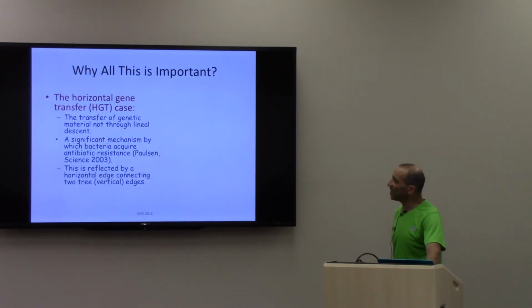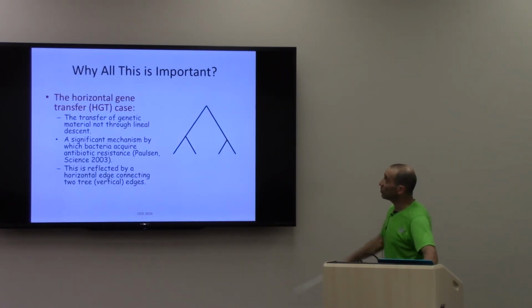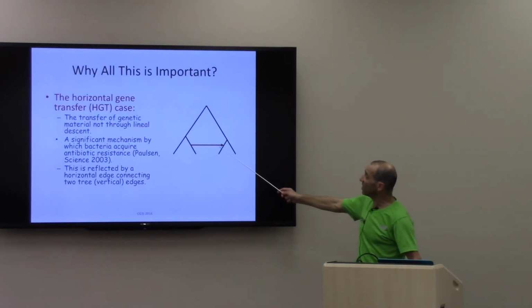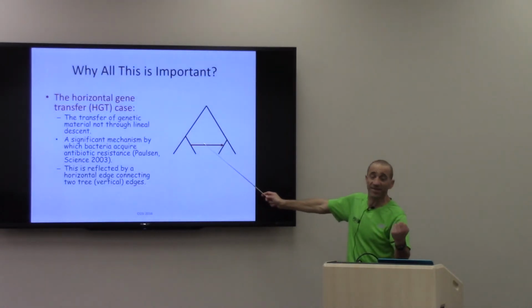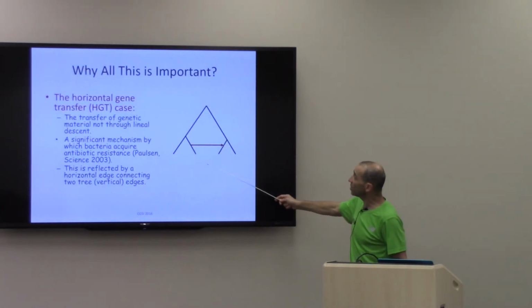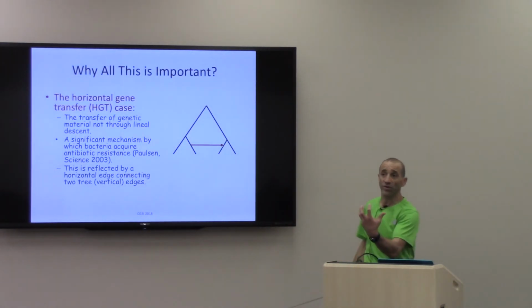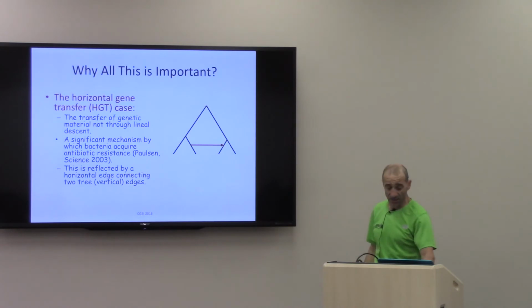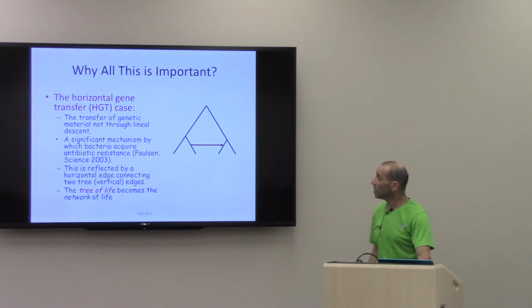This is reflected by a horizontal edge connecting two vertical edges. That is our species tree, showing how the species evolved. However, this species transferred some of its genes to another, and these genes exhibit a different history, and these are the conflicts I spoke of at the beginning of the talk.